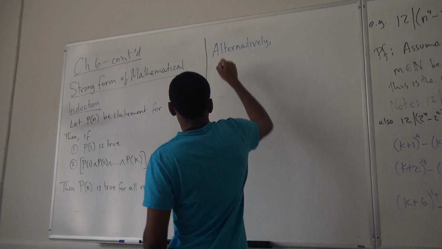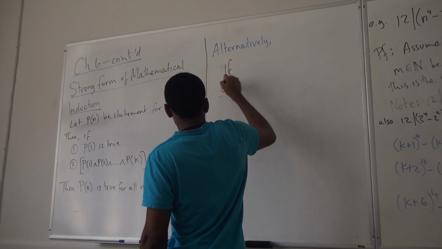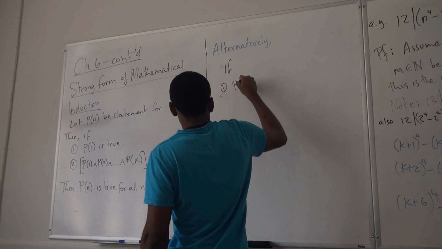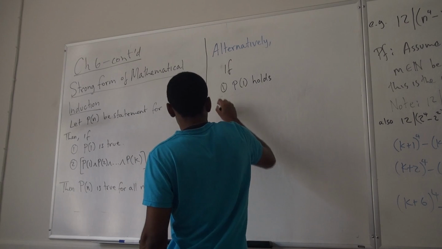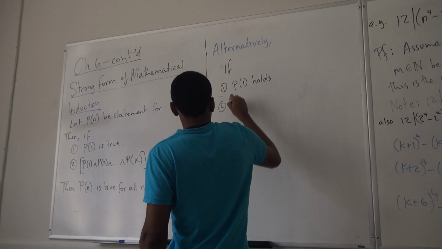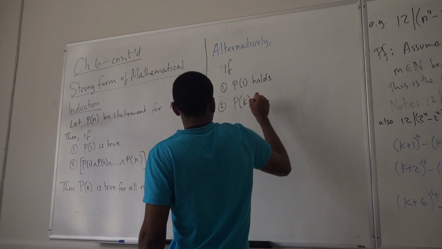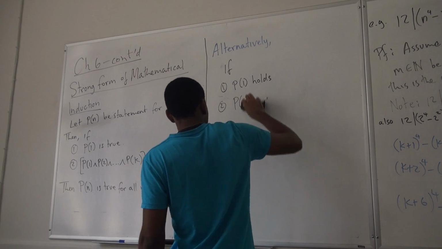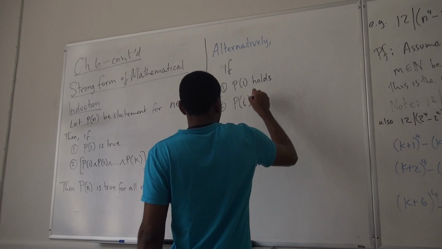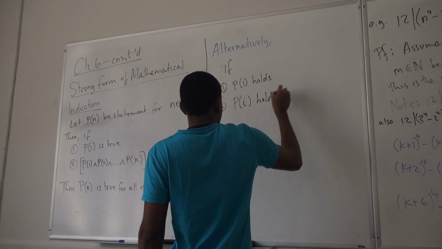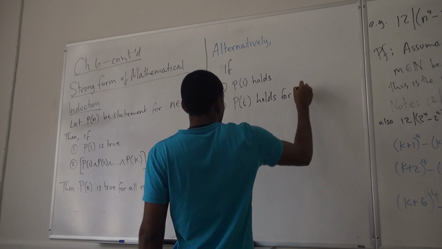You can write it in this way. If one, P of one holds, and two, P of i holds for all i up to n, then this guy will hold for all n, right? It's just another way to express it that conceptually might be easier.